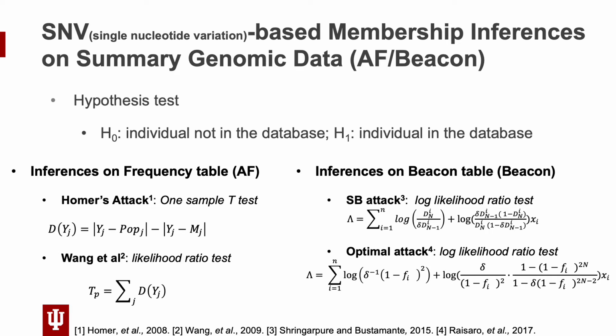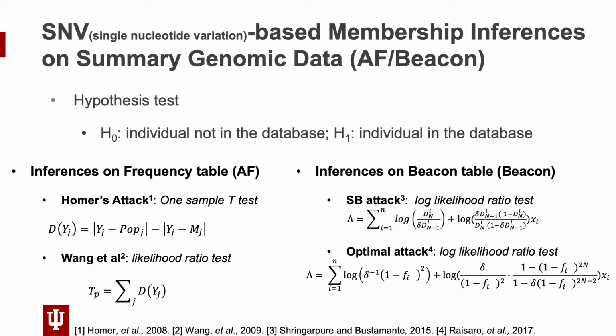Researchers have investigated membership inference on summary genomic data. Both consider the format of allele frequency and allele existence. They always use a hypothesis test to determine whether a genome carried by an individual is in the database or not.